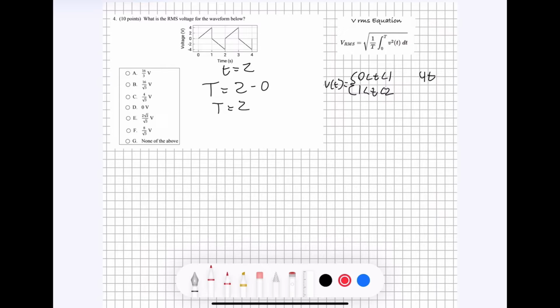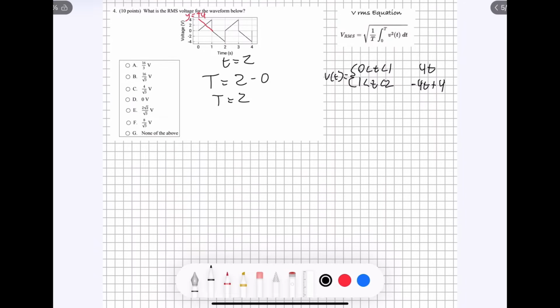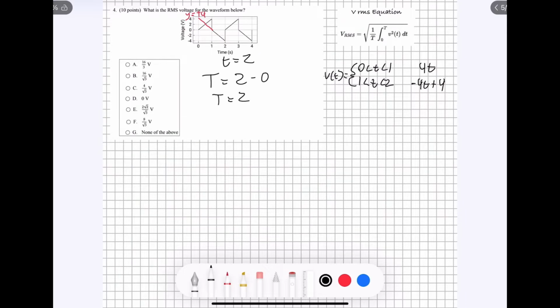If you extend it back to find the y-intercept, you're going to have y is equal to plus 4. So the equation for this graph is actually going to be negative 4t plus 4. And that's important to note because if you didn't include that plus 4 value right there, you'd get a different answer at the end.